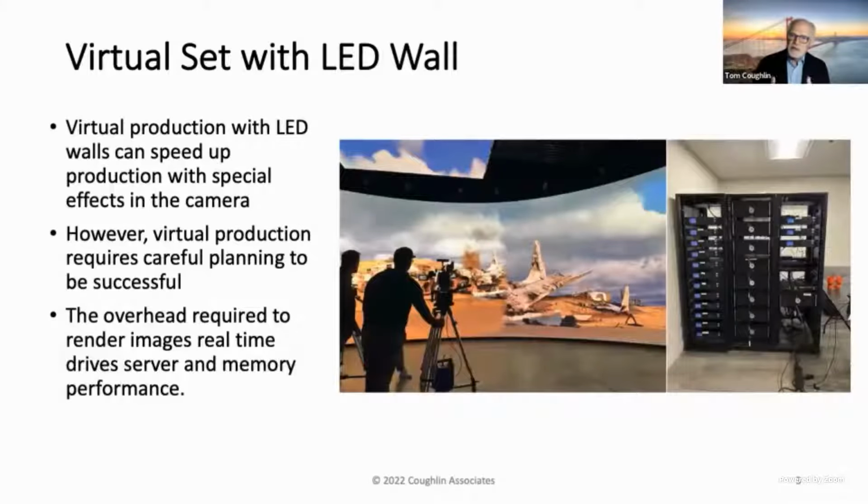I visited Orbital Studios during the SMPTE 2022 technology conference. This image shows the virtual stage at Orbital Studios on the left, including an image of the camera frustum, which is on the left of that image. So that's actually what the camera is seeing, being projected in the camera.